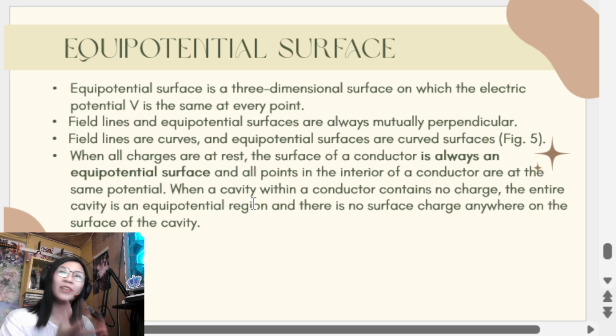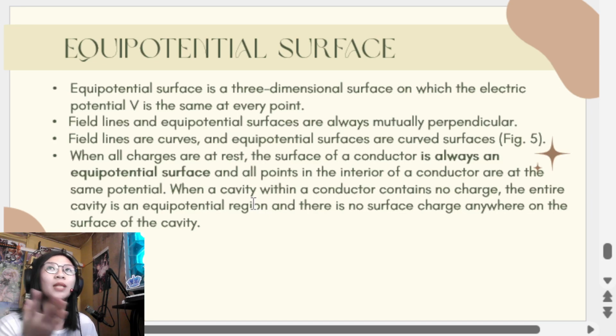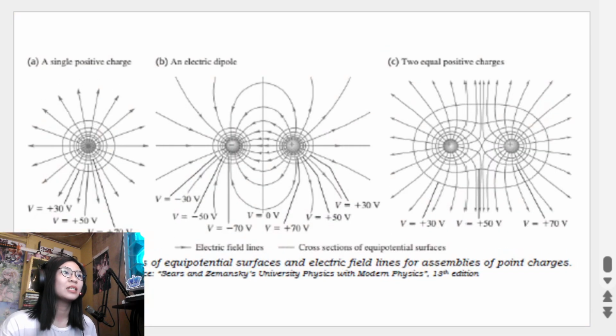Field lines and equipotential surfaces are perpendicular at all angles. These are our field lines, and the equipotential surface is what goes around them.